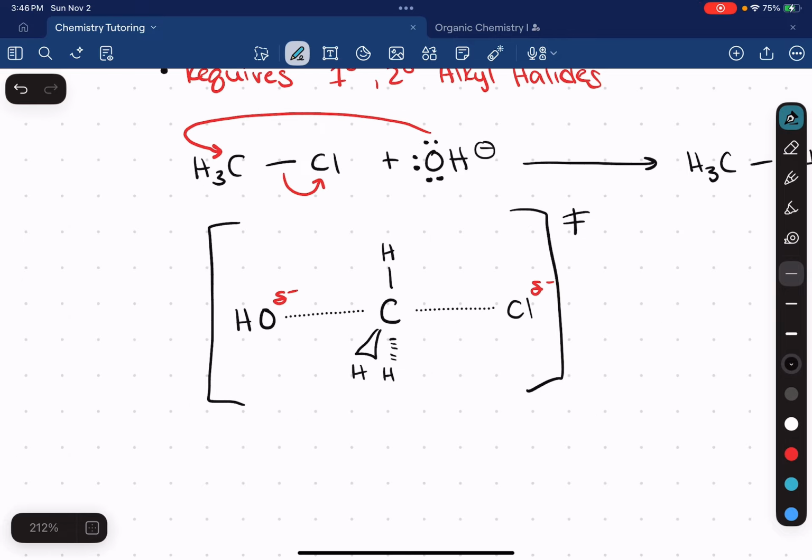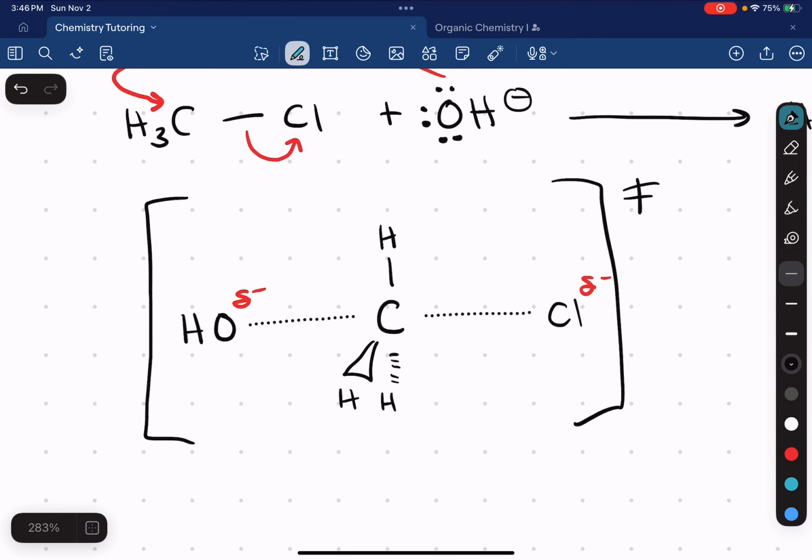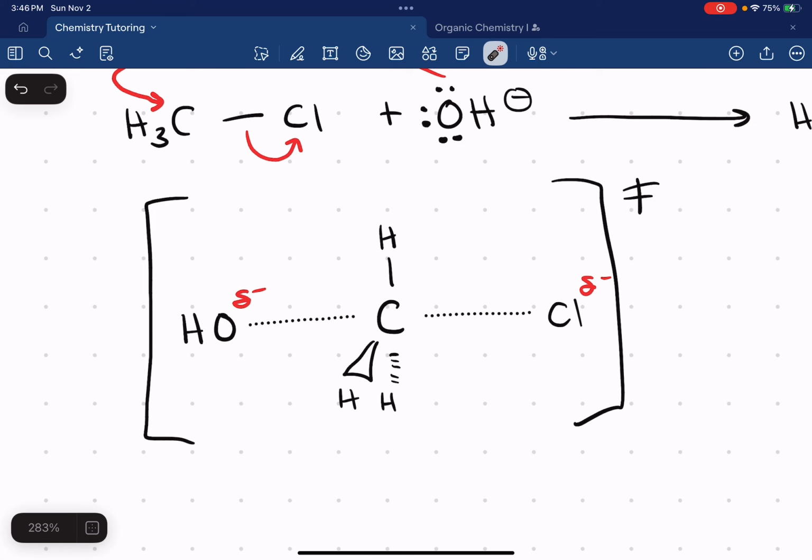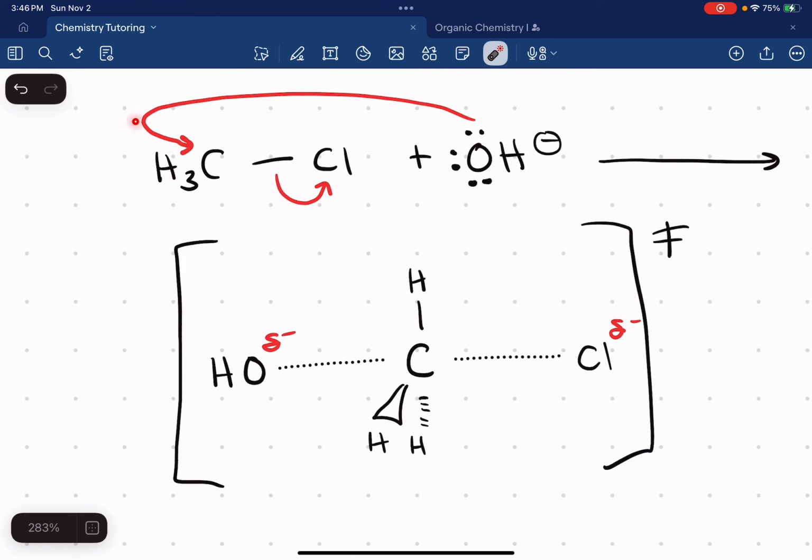And this is what I mean by backside attack. We've got our OH here, and it's swinging around and attacking the carbon from the opposite side. Your hydrogens are bonded to the carbon in a tetrahedral arrangement, because sp3 carbons are bonded like that. sp2 is trigonal planar.